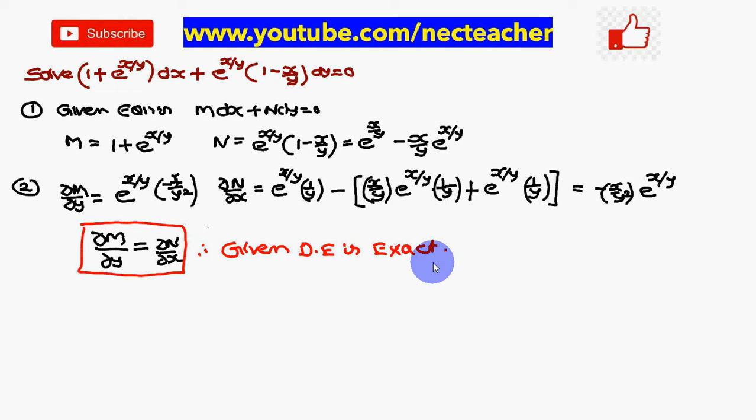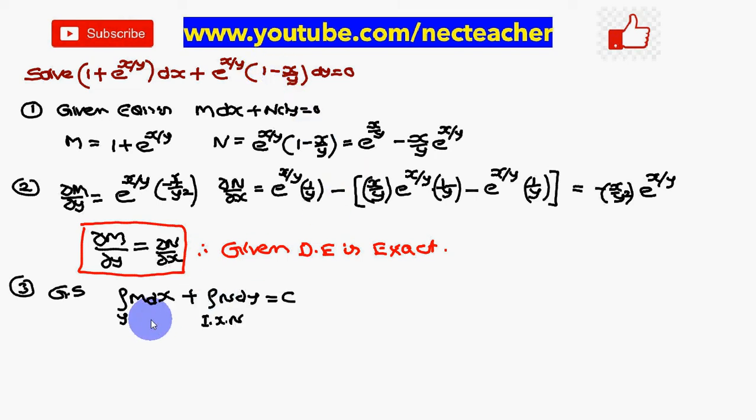Next, the general solution. The general solution is nothing but applying the integration to the given one. But in N, you have to write the terms independent of x, the terms that do not contain x. The first term contains x, the second term also contains x, therefore you get 0 dy.